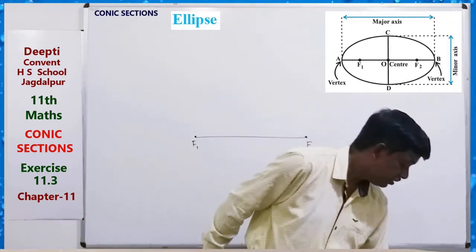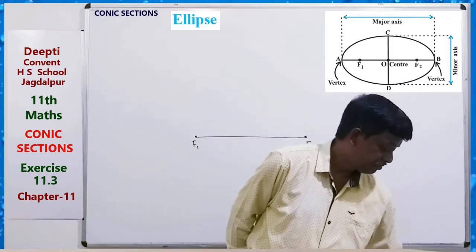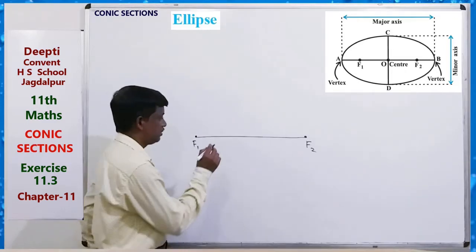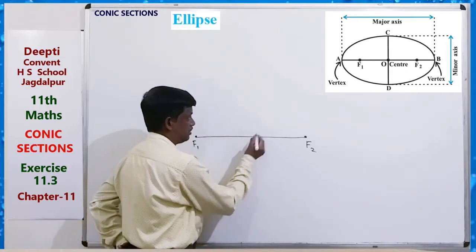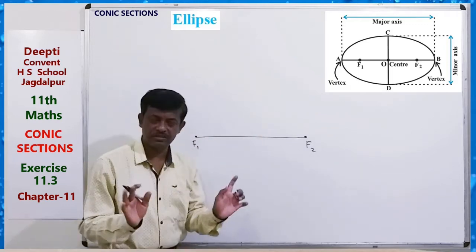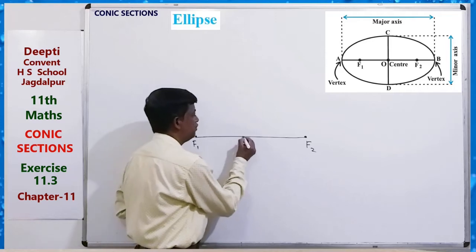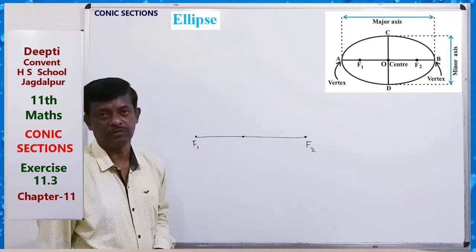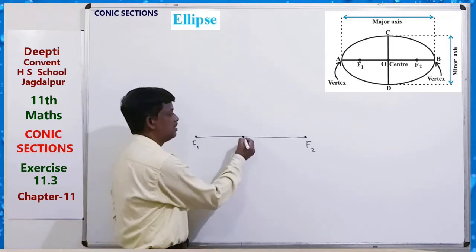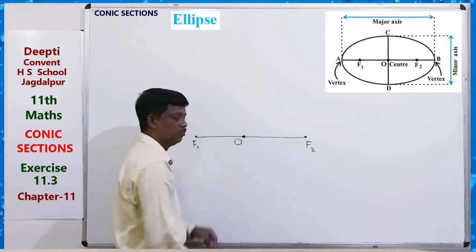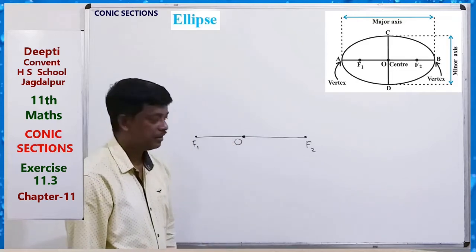And there are many factors in this diagram of the ellipse. Because these two points are fixed foci, the midpoint of F1F2 is the center, generally denoted by O. Clear?